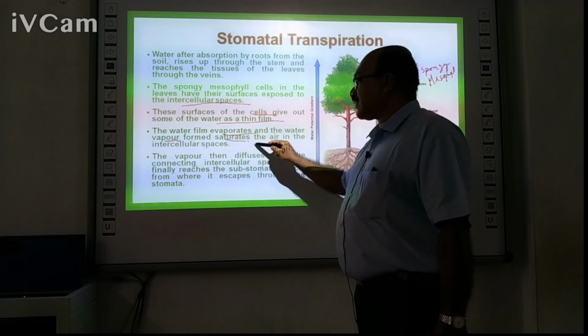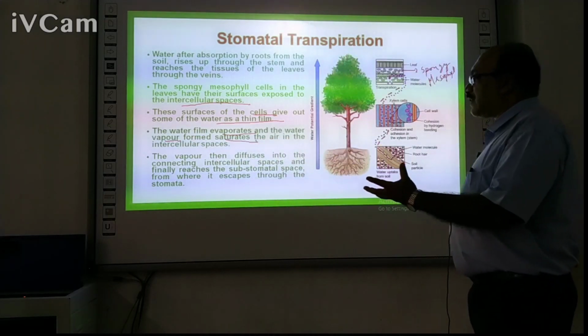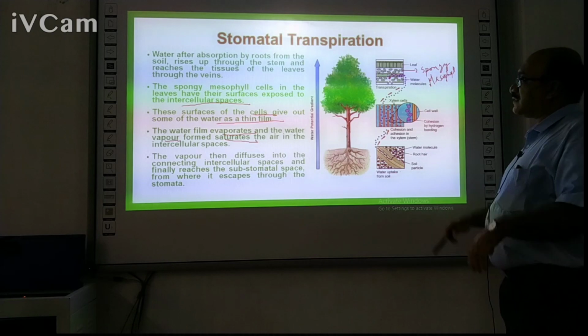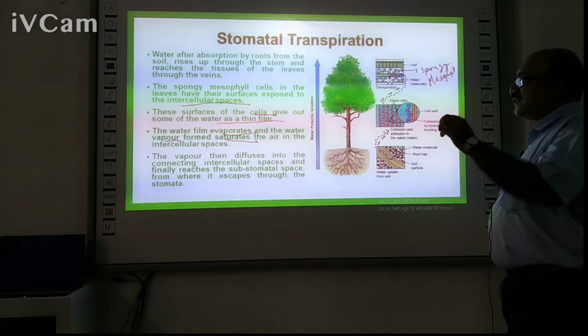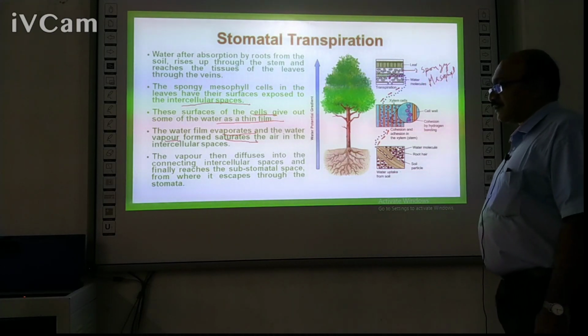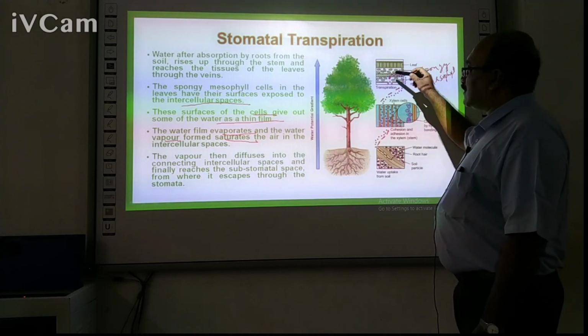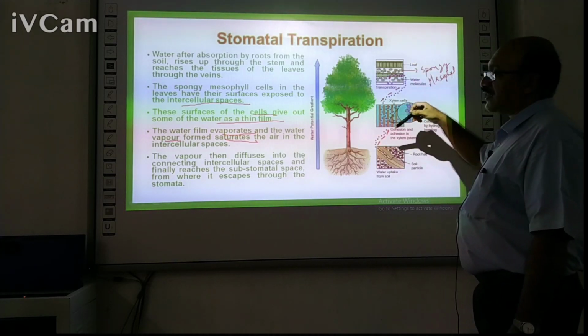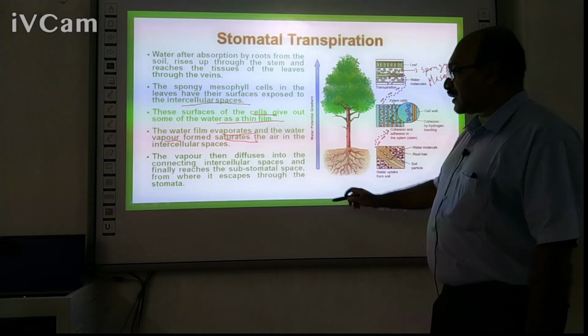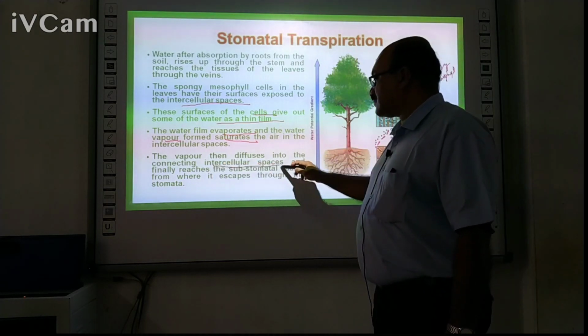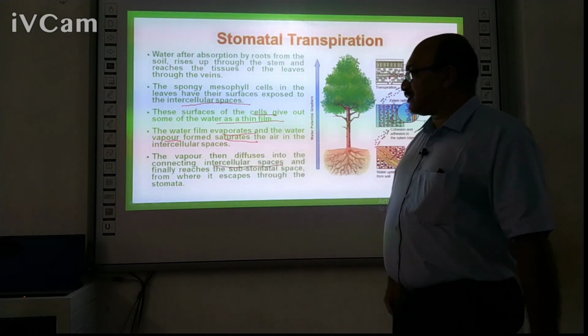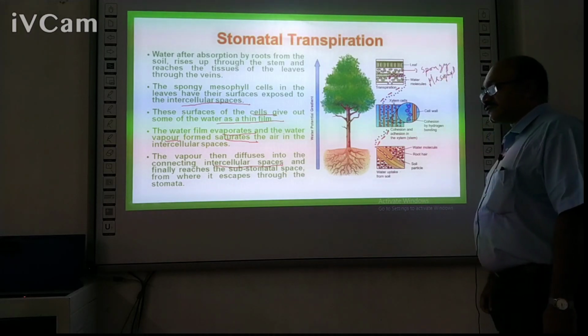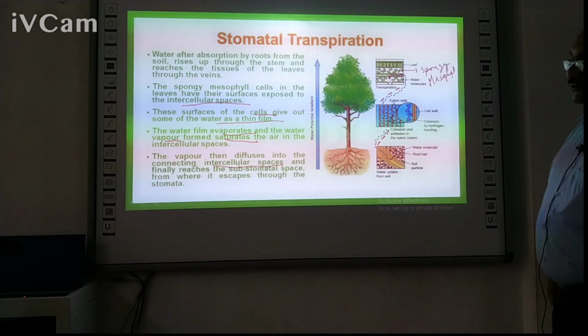So, it gets saturated. As the water evaporates, the spaces between the cells get filled up with this water vapor. Then this water vapor diffuses to the next area where it is available, the connecting intercellular space, because we know water moves from a region of higher concentration to a region of lower concentration.